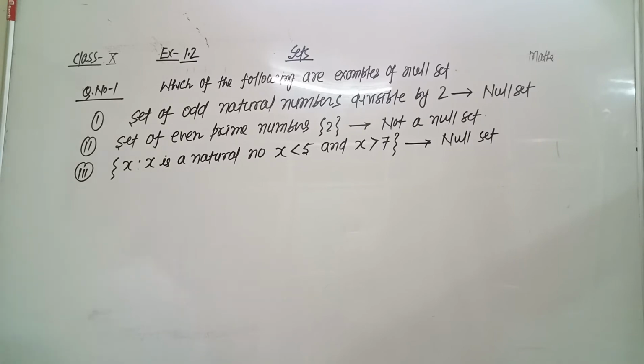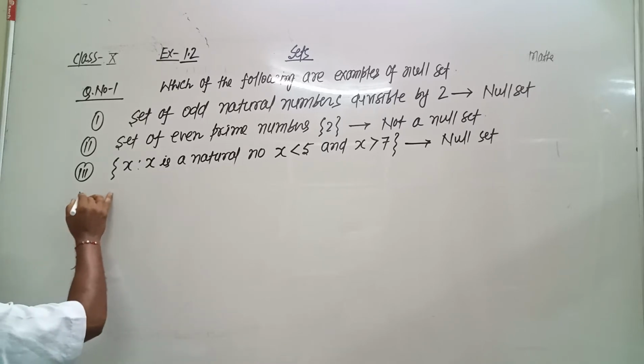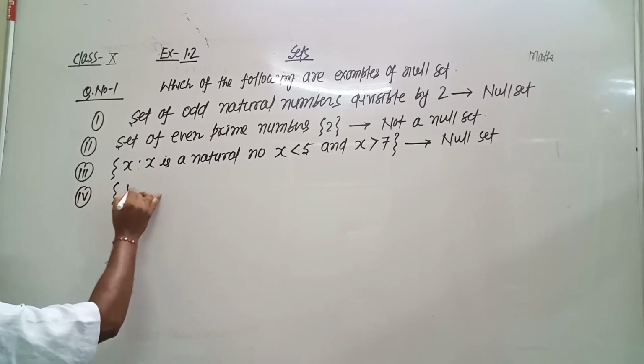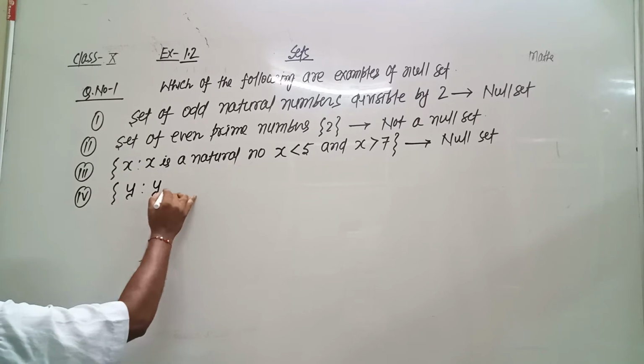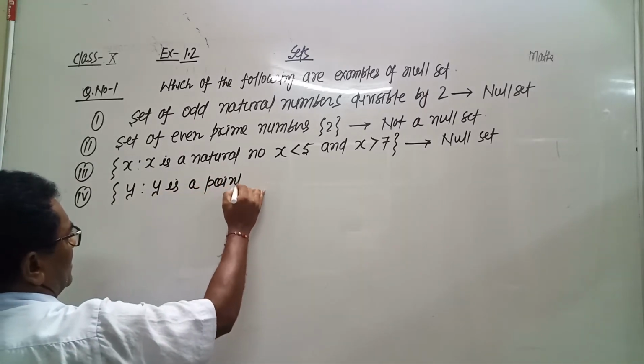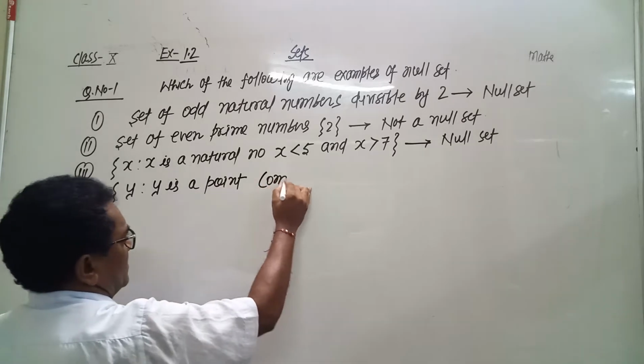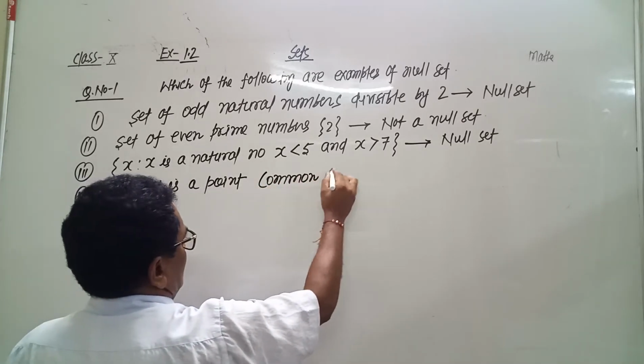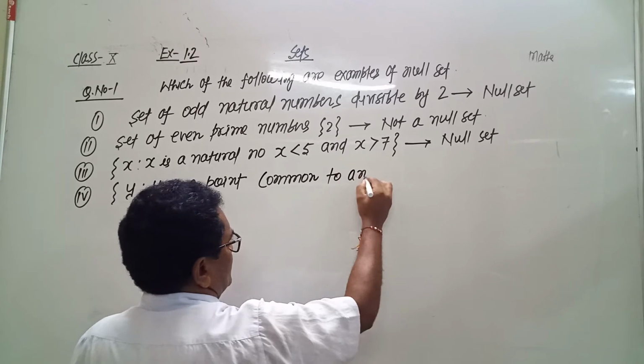Then part 4. Y such that y is a point common to any parallel lines. So this is not a null set because y is a point common to any parallel lines.